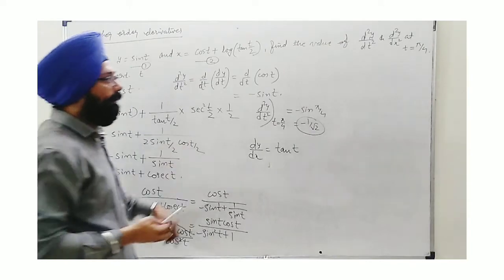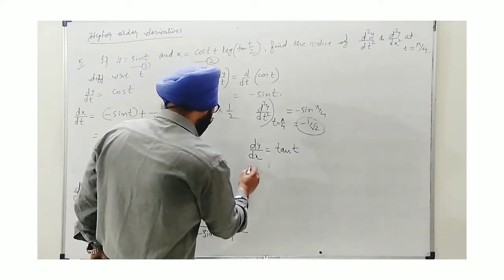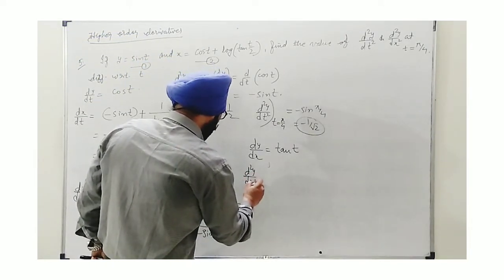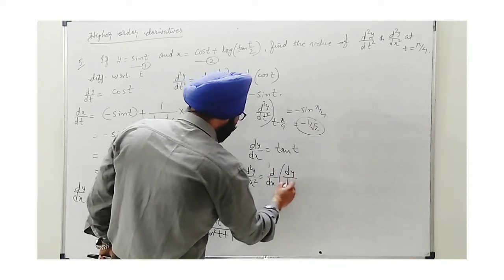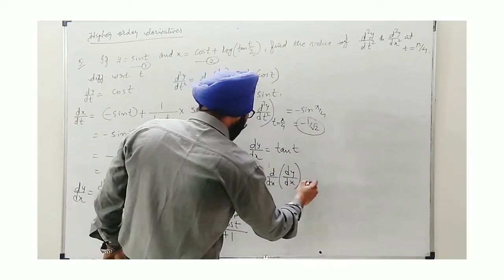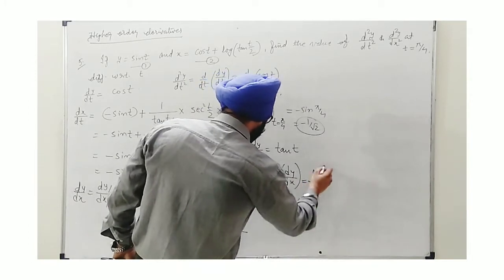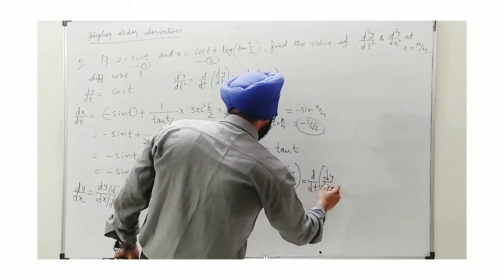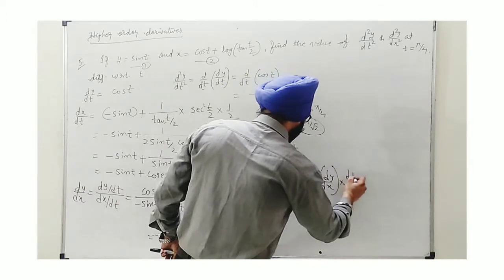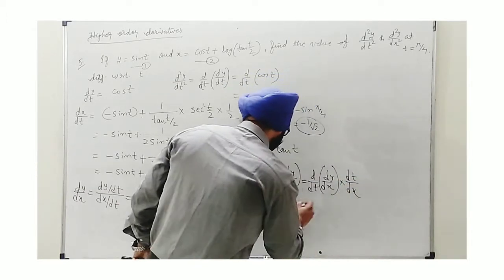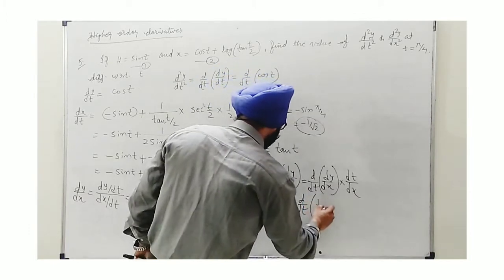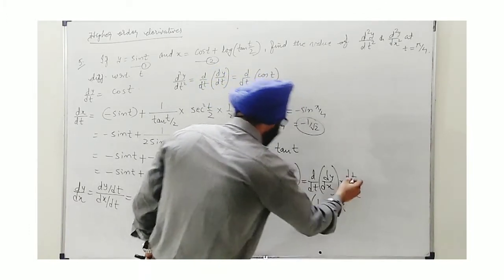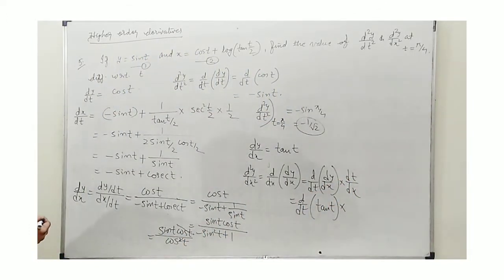Now we need d square y by dx square. So obviously we will follow the conventional way of solving: d by dx of dy by dx. After this, d by dt of dy by dx, and then dt by dx. Put in the values: d by dt of dy by dx we are having tan t, and dt by dx we have to go back.